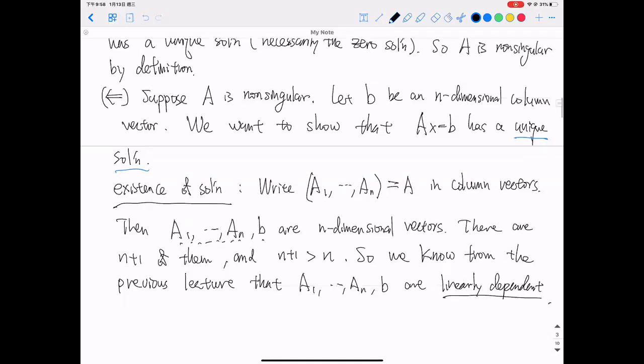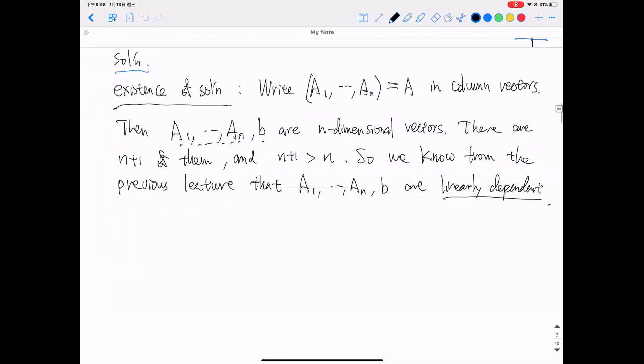Which means, by definition, there exist numbers a1 through a(n+1) such that a1 A1 plus ... plus an An plus a(n+1) B equals 0.